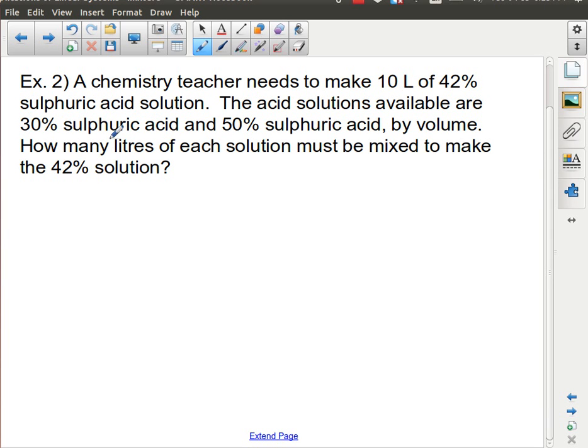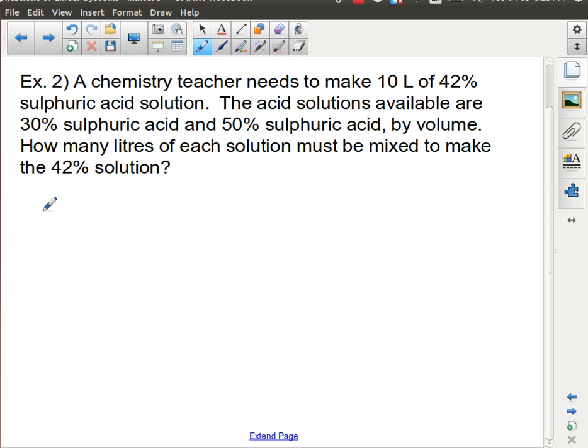From companies you'll receive different amounts, but you may be doing an experiment that requires something like a 42% solution, and you might have a big jug of 30% solution and a big jug of 50% solution. It's up to you to do this calculation and figure out how much you need to mix together to produce this. So this is actually a moderately realistic problem. How many liters of each solution must be mixed?